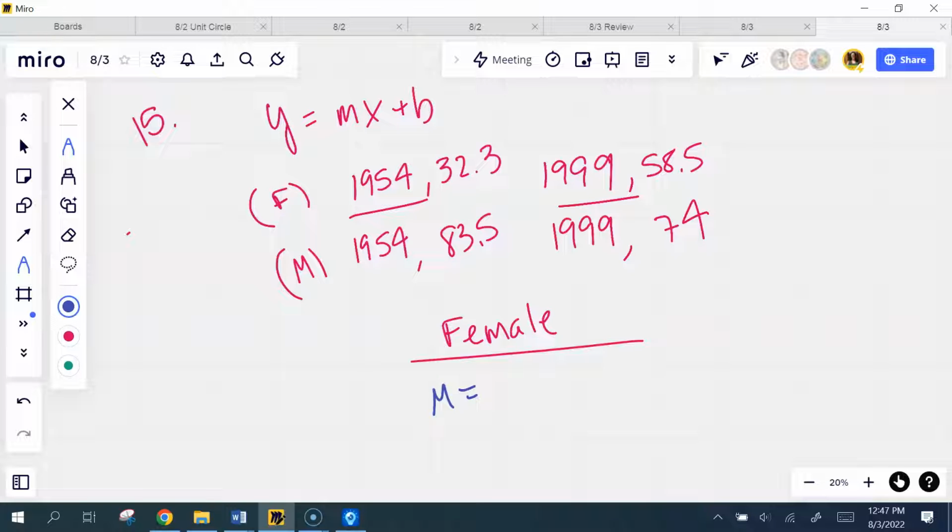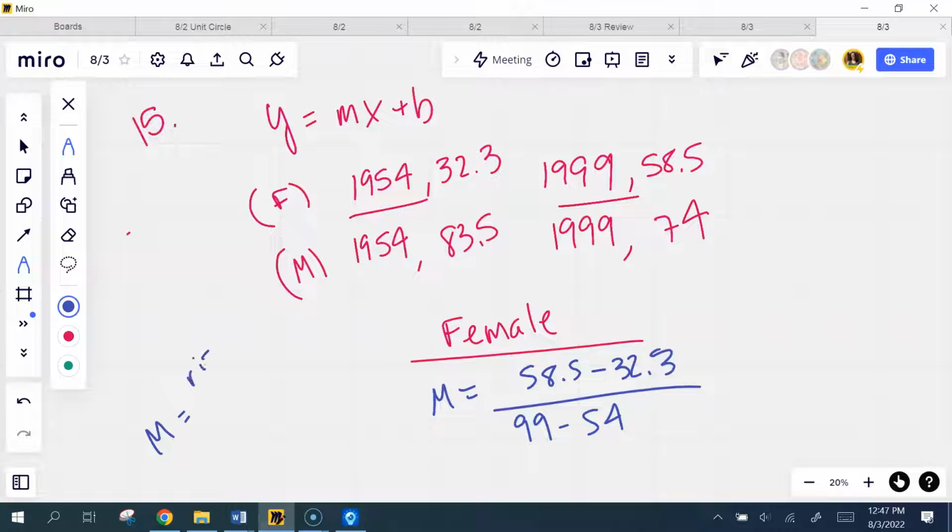The slope here is going to be, I'm going to subtract, right? 58.5 minus 32.3 divided by 1999 minus 1954. Does that confuse anybody? So remember, slope is rise over run, or y2 minus y1 over x2 minus x1.